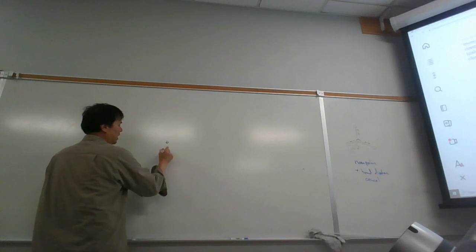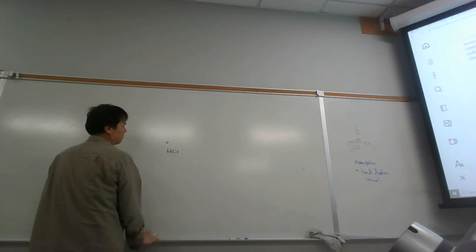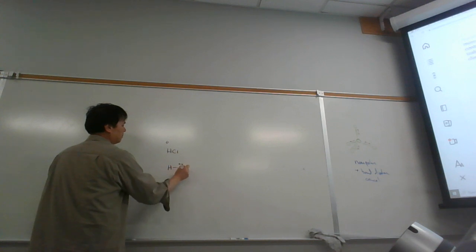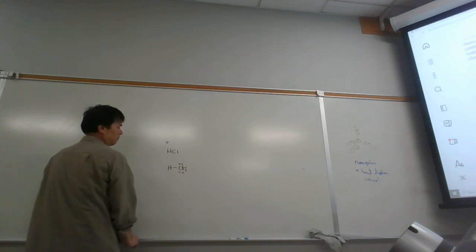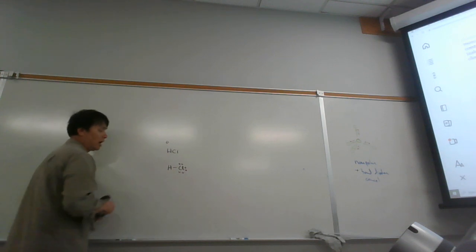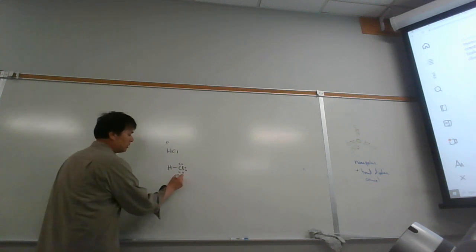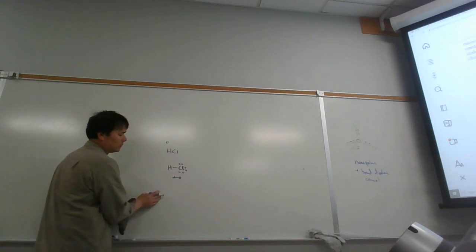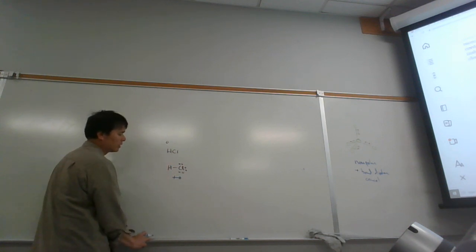So let's take a look at HCl. Chlorine's more electronegative than hydrogen, and so we're going to set up a dipole like this. When we add up the bond dipoles, the bond dipole is going to equal the molecular dipole.